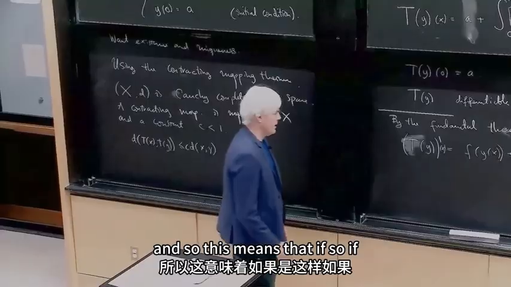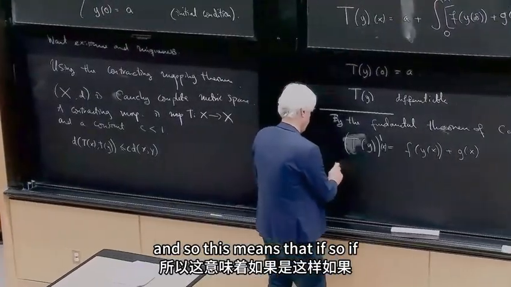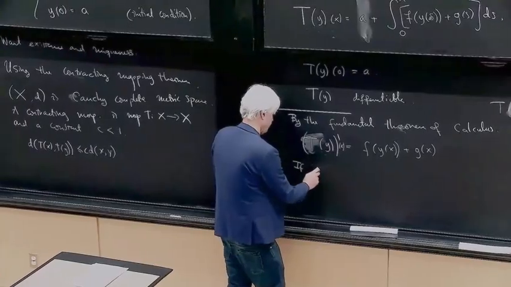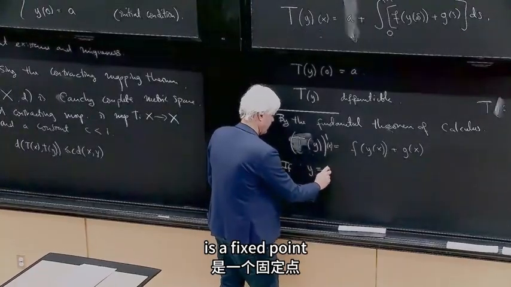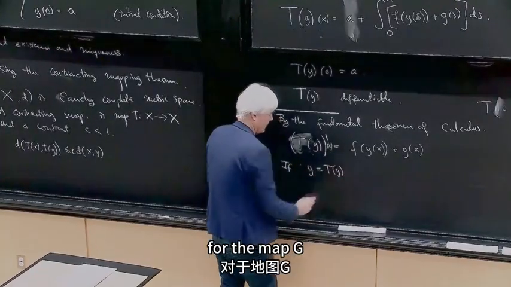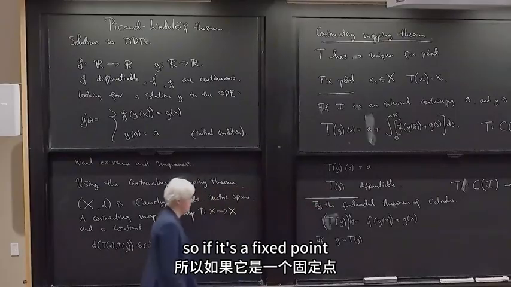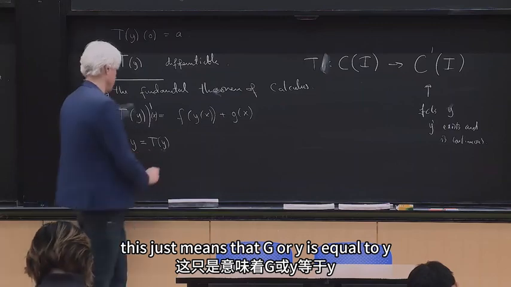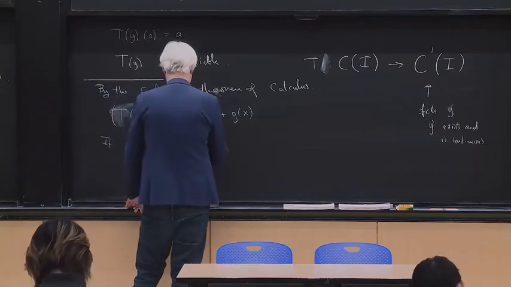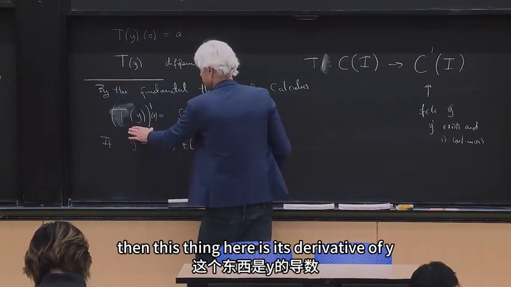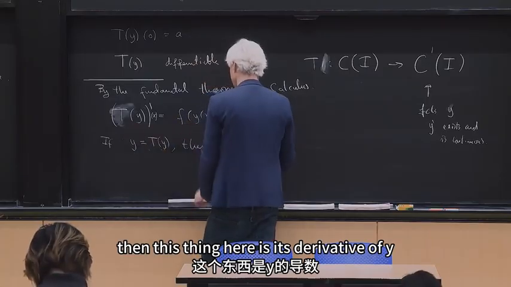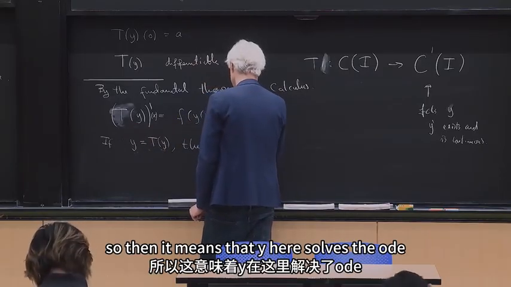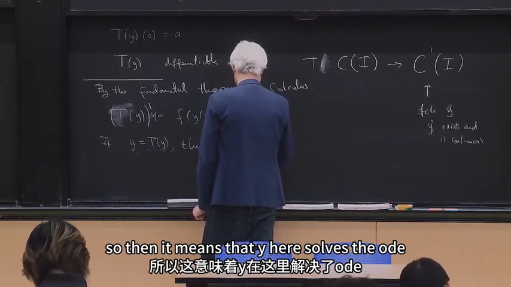So this means that if y is a fixed point for the map T, that is, T of y is equal to y, then this thing is the derivative of y. So y solves the ODE.